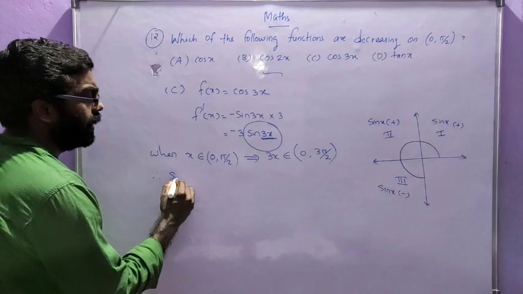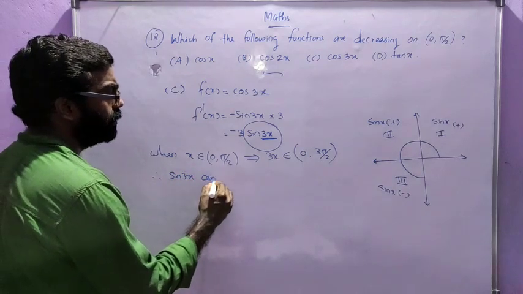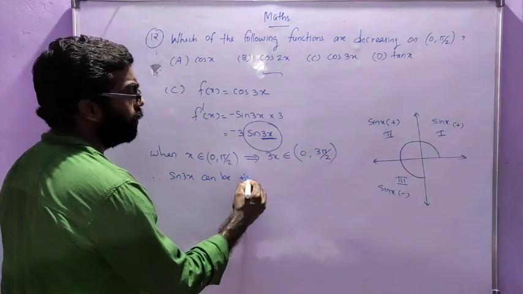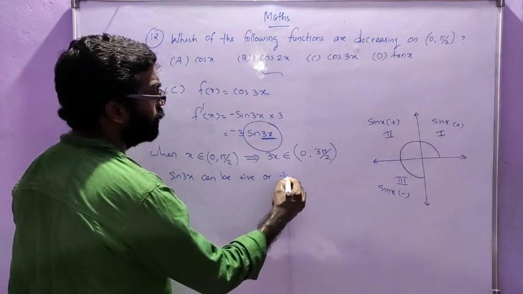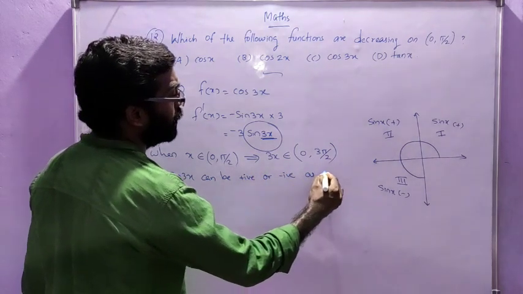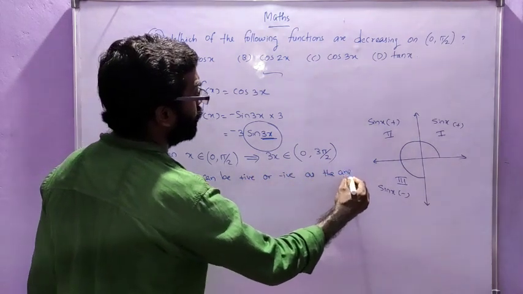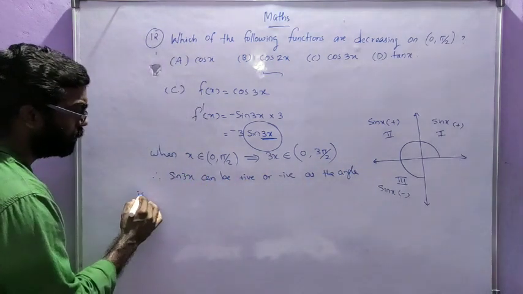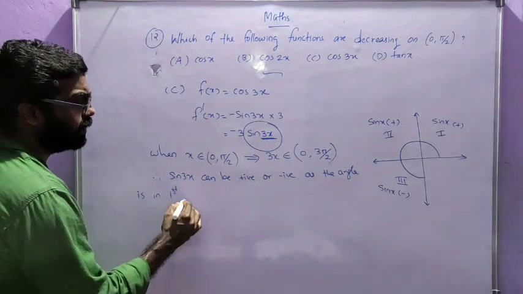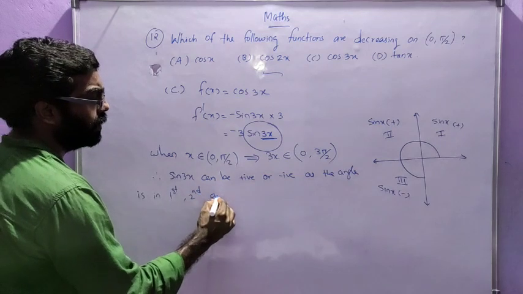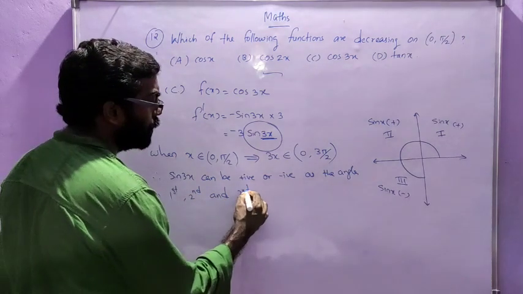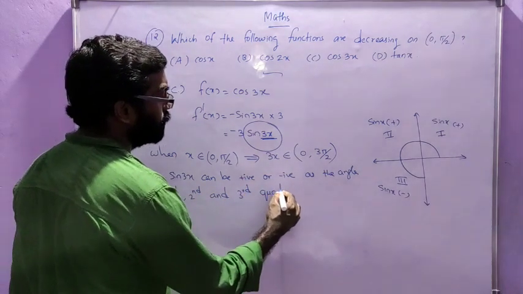Therefore sin 3x can be positive or negative, as the angle is in the first, second and third quadrant.